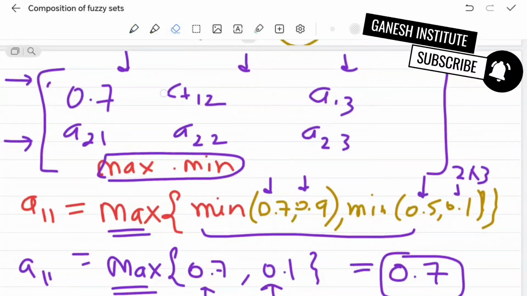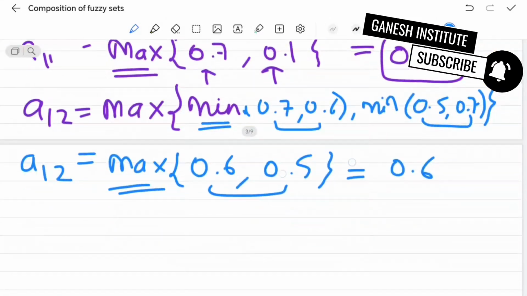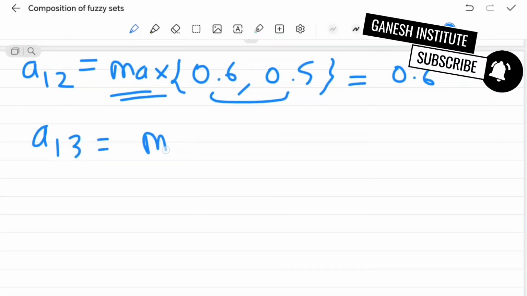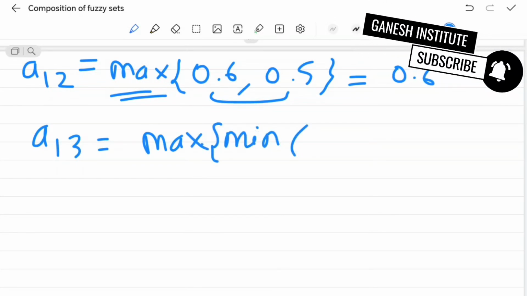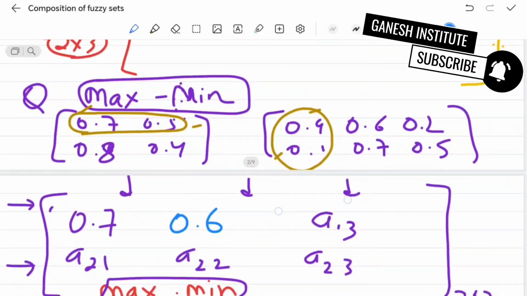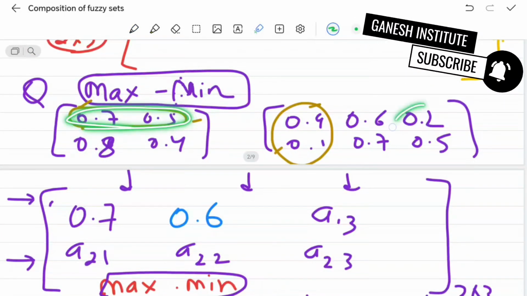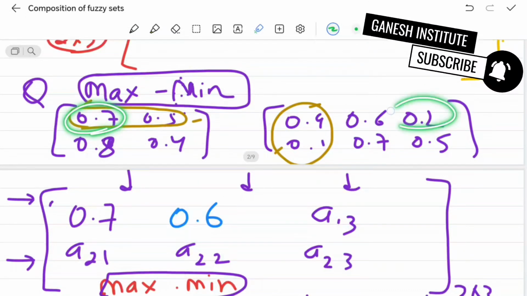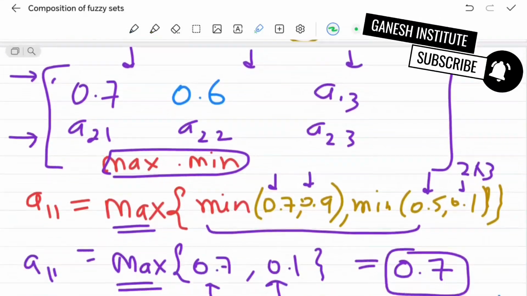So I'm writing here 0.6, right? Now first row, third column. For the first row, third column, we have to find the max of min. The first row, third column: you can see 0.7 will be paired with 0.2 and 0.5 with 0.5, right?